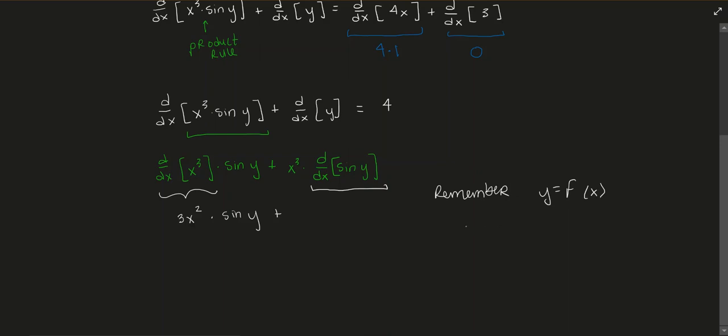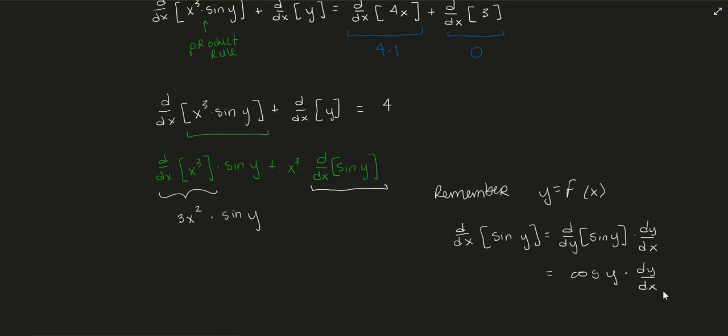So when we take the derivative of sine y with respect to x, we're really taking the derivative with respect to y first, and then we're multiplying by dy/dx. We know the derivative of sine is cosine, so we have cosine y and then times dy/dx.